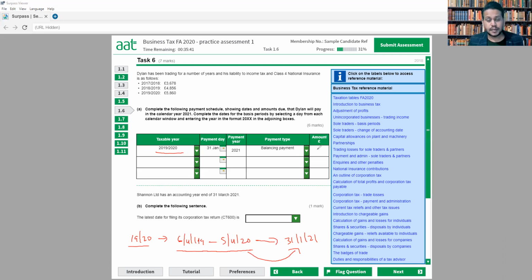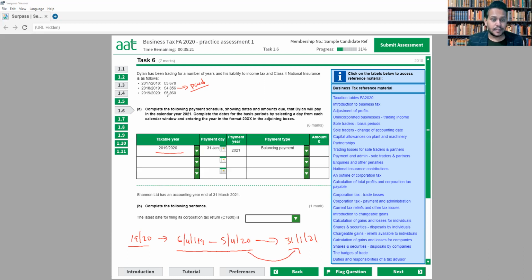I'll make the balancing payment. How much is the balancing payment? It is the difference from what I paid last year. So this I already paid as payment on account. Payment on account, as I said, we paid in advance. So this one we already paid in advance, 4856.